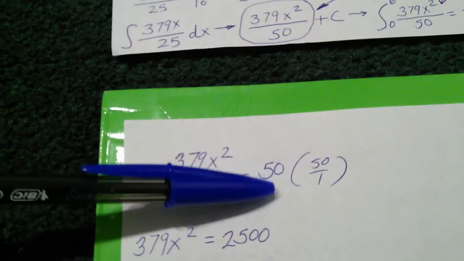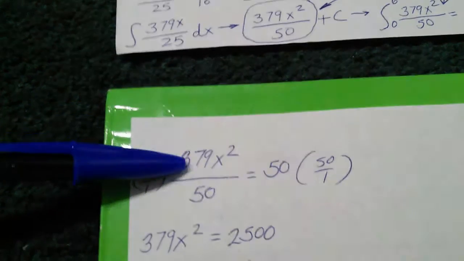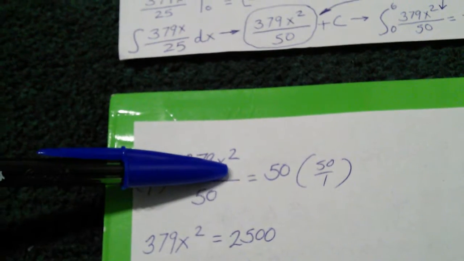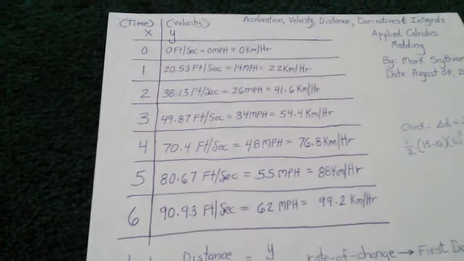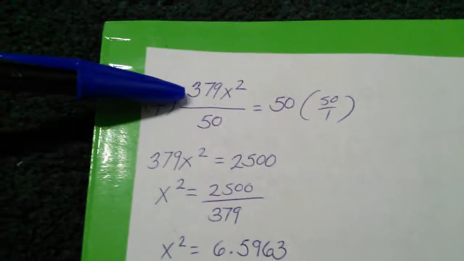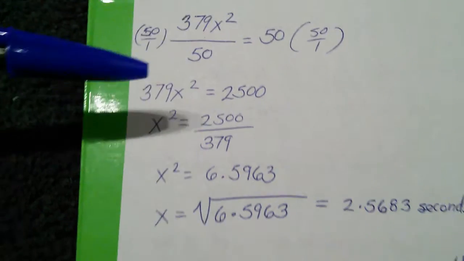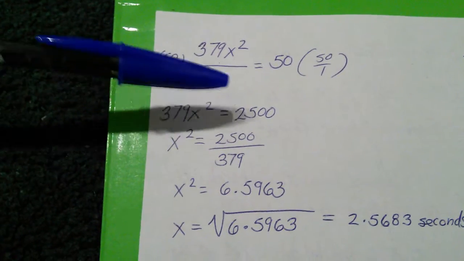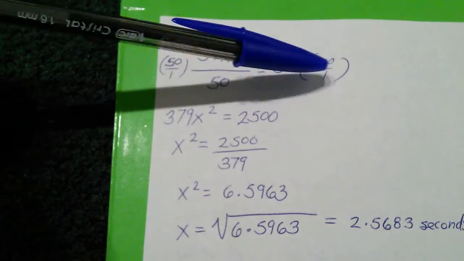So we're already given a distance. So you simply enter in 50 feet for the y and equate it to the nonlinear equation representing the distance component of the acceleration, which is constantly changing, a changing rate of change. Then all you have to do is use just the basic rules of algebra. We would multiply to try to get rid of this fraction, so multiply both sides by 50.